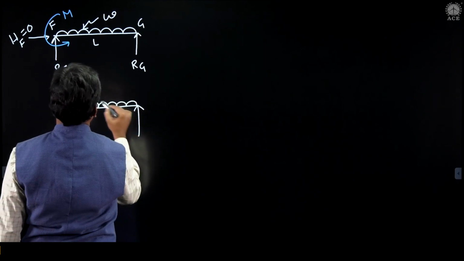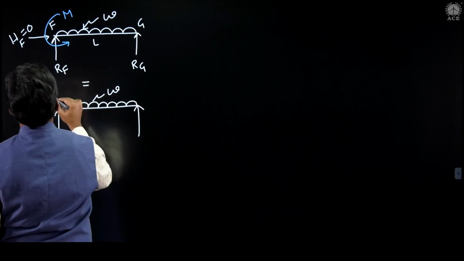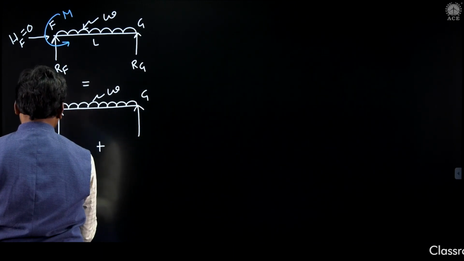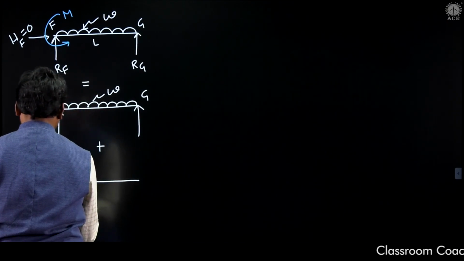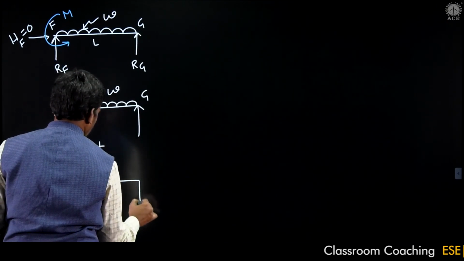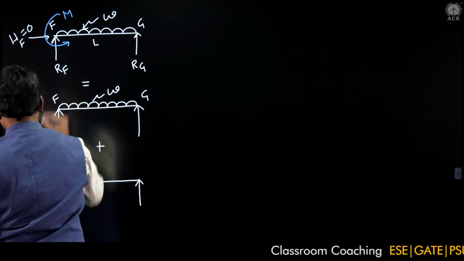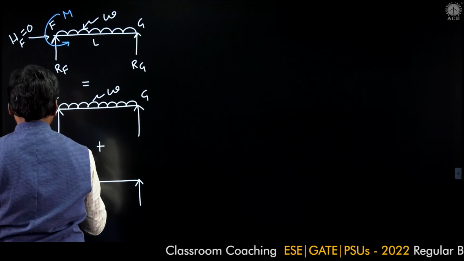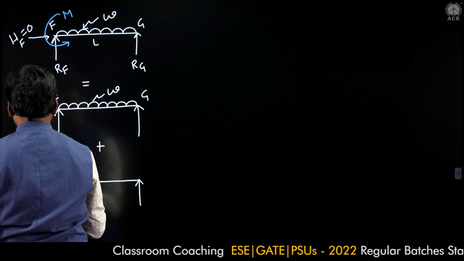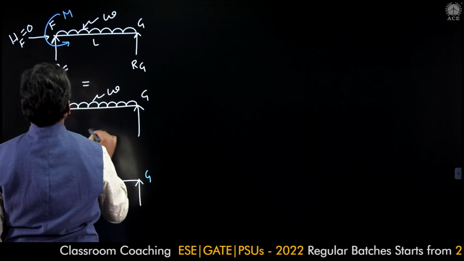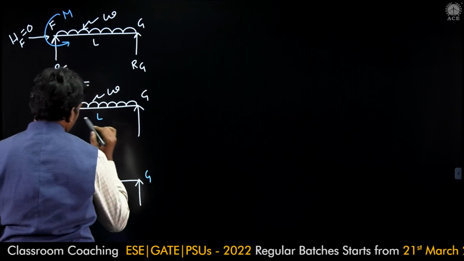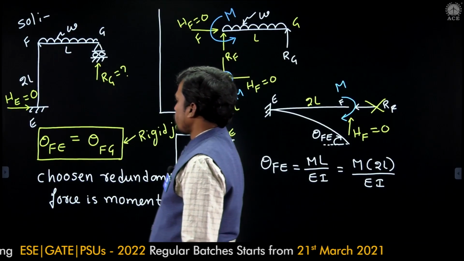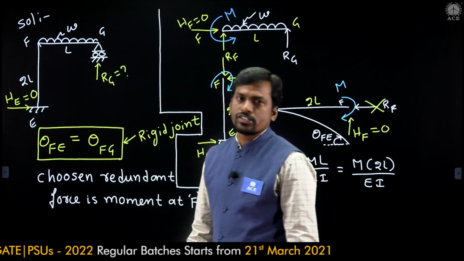Subjected to UDL W, this is F and this is G, plus here there is a moment anti-clockwise M. So this is F and this is G, length L. We have to find the rotation of member FG.